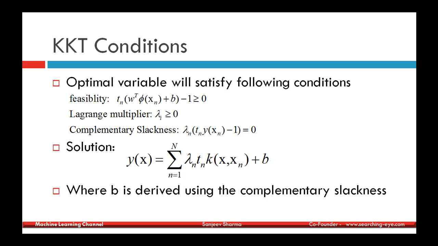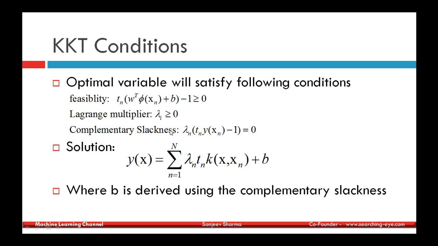So here are the KKT conditions. The optimal variables will satisfy the following conditions. The first is the feasibility condition: Tn times w transpose phi of xn plus b minus 1 is greater than or equal to 0. Second is that lambda i will be greater than or equal to 0.